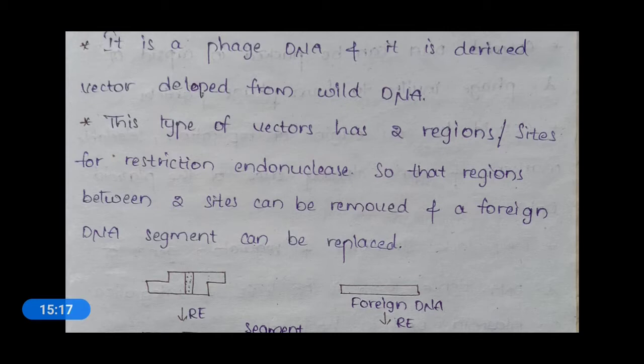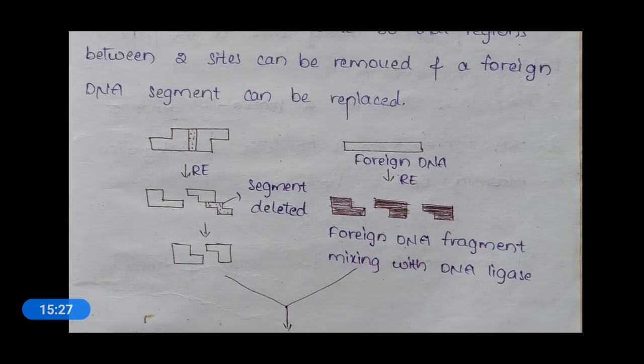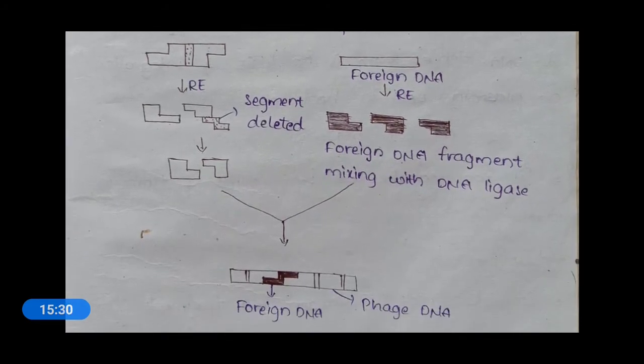For this task, two sites for restriction endonucleases were present. See the diagram. The fragment is replaced with foreign DNA.